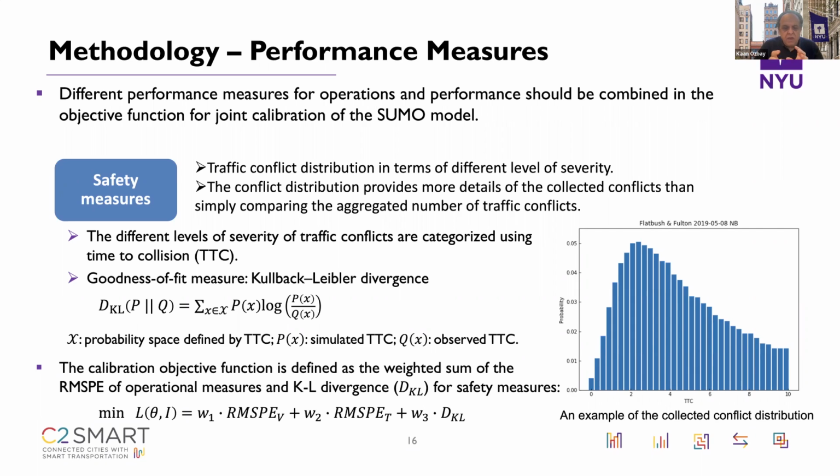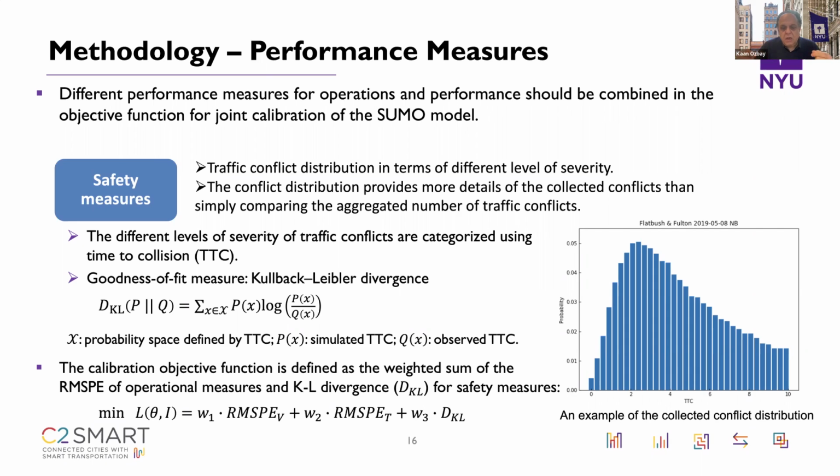And then we define an objective function, which is at the bottom, and we're trying to minimize that objective function, which is the root mean square for the operational, and then this DKL measure for the safety, with some weights.